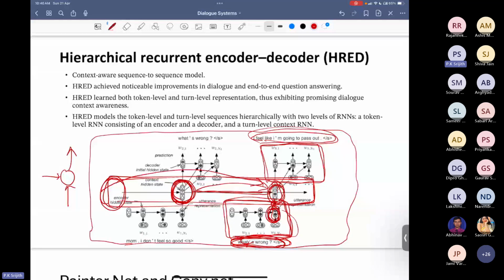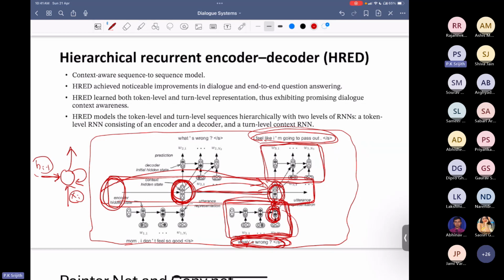So what this RNN considers as hidden representation from the previous stage is the hidden representation of the previous turn. So this h_{i-1} is the hidden representation associated with the previous turn. This input x_i is nothing but some kind of hidden representation that you have formed out of the current input message.